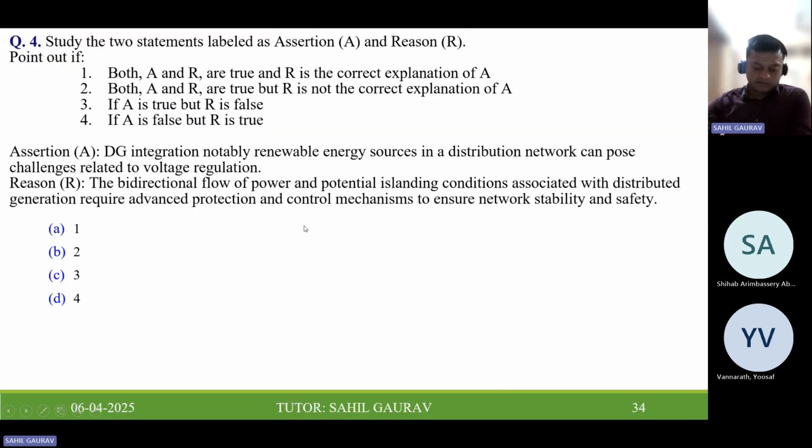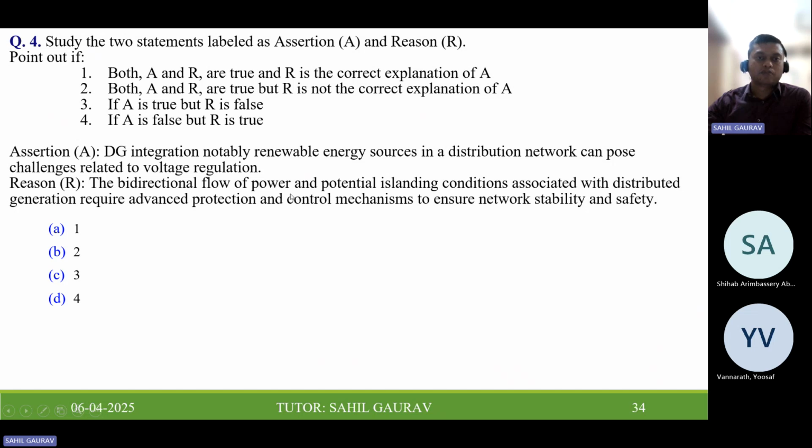So now let us see the fourth problem. These are the statements: first, second, third, fourth. The first is: both assertion and reason are true and the reason is the correct explanation of the assertion. Similarly, you can read the second, third, fourth. Now let us see the assertion statement and reason statement. Assertion: DG integration, not only renewable energy sources, in a distribution network can pose challenges related to voltage regulation.